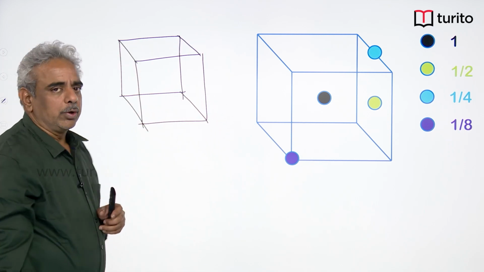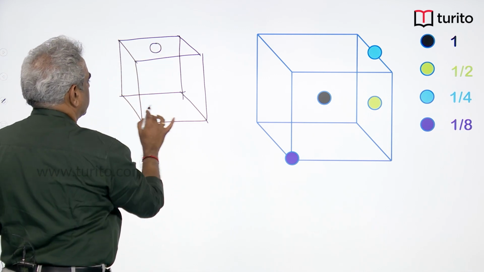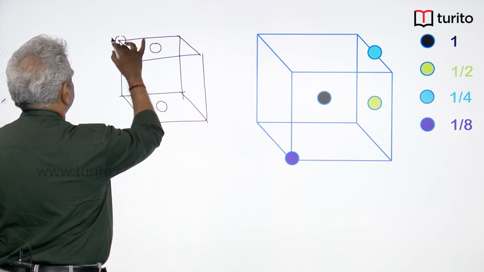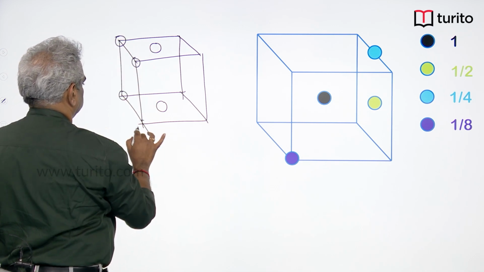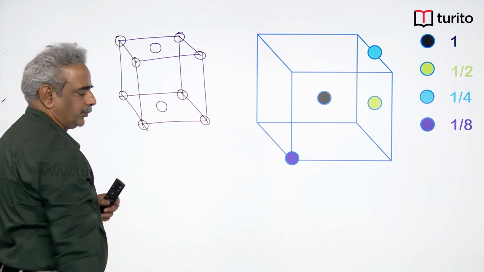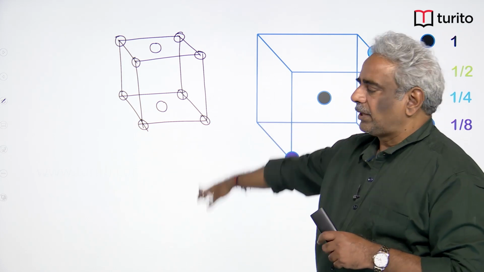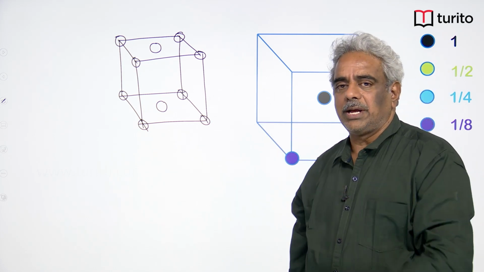This is a cubic unit cell. Suppose I have got a sphere here, a sphere here, and corners. Now the question is, how many atoms are there? All are identical. How many atoms are there in this unit cell?